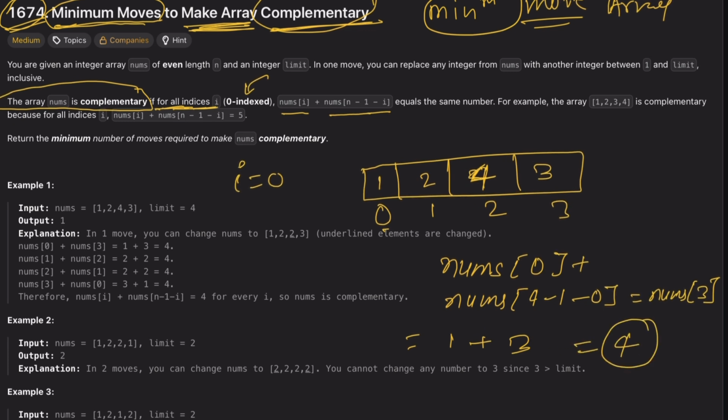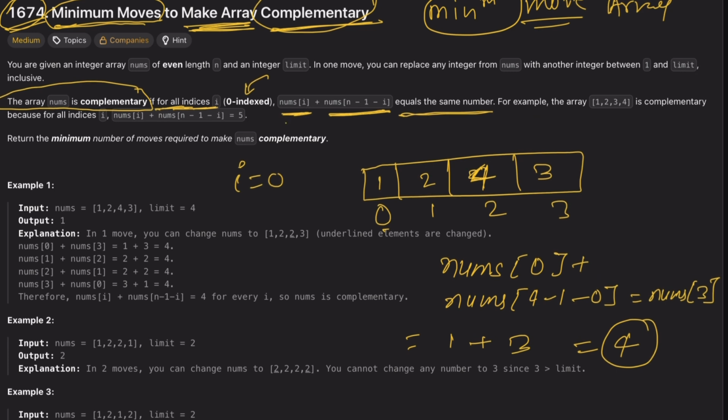So it is saying that the array nums is complementary if for all indices i, nums at i plus nums at n minus 1 minus i equals the same number. Understanding or not?